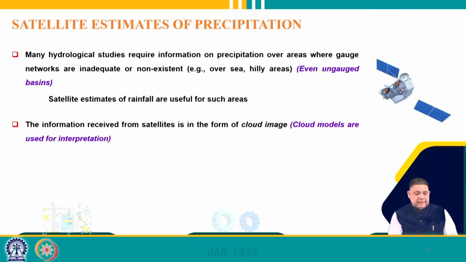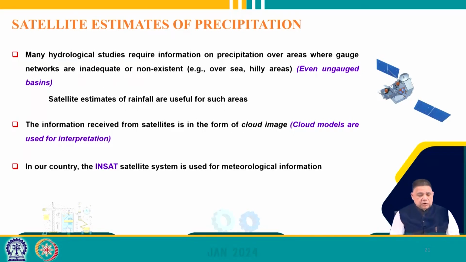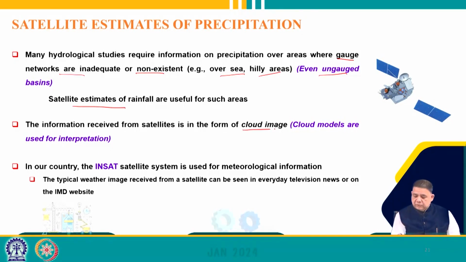Besides rain gauges and radars, we also use satellite estimates of rainfall, which are very useful for areas where gauge networks are inadequate or non-existent, that is over sea or hilly areas, or even ungauged basins. Satellites provide information in the form of cloud images. Cloud models are then used for interpreting this data. In our country, the INSAT satellite system is used for meteorological information.